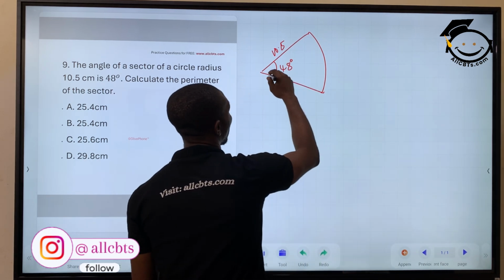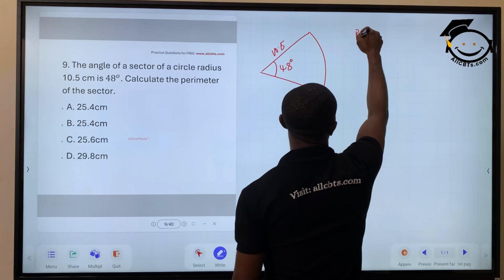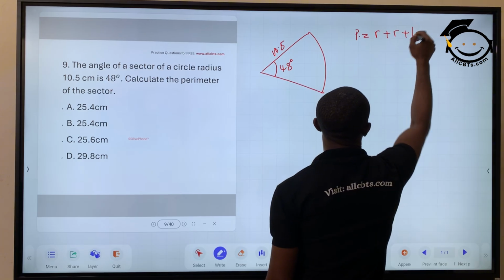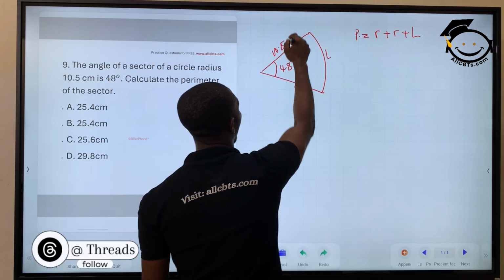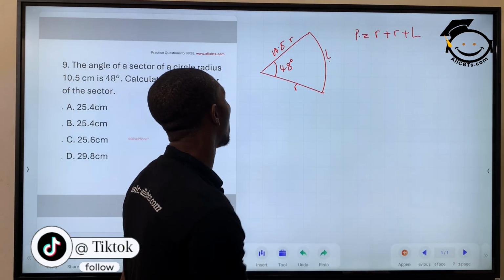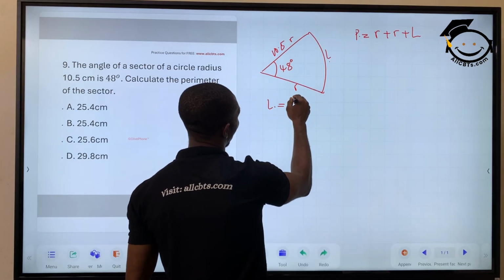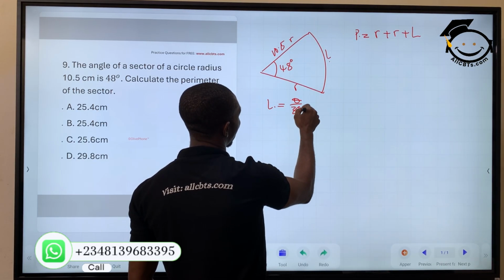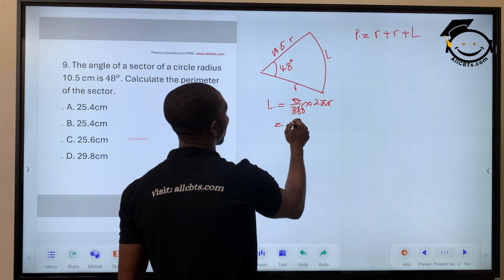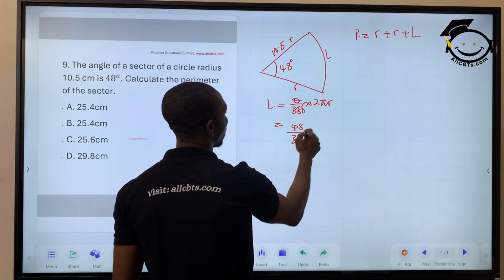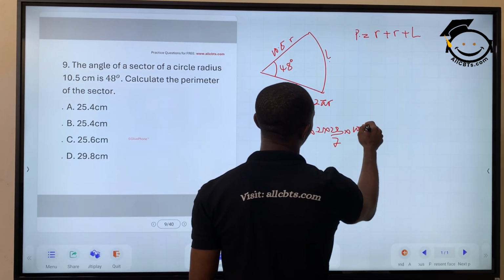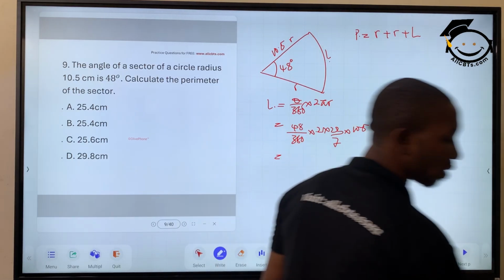So the perimeter is radius plus radius plus length of arc. So here's our L, here's our R, here's our R. Okay, so we need length of arc, and for length of arc, we have it as theta over 360 times 2 pi r. Okay, so theta is 48 over 360 times 2 times 22 over 7, which is a constant, times 10.5.